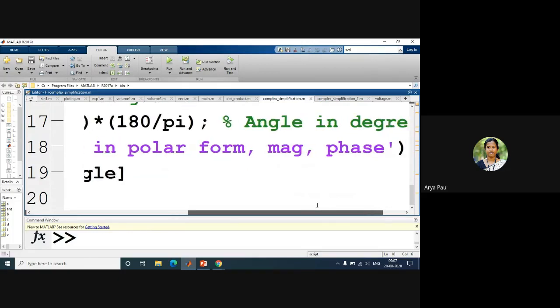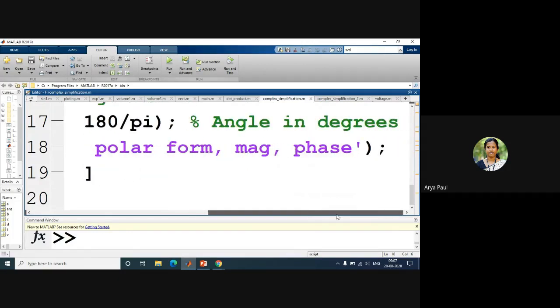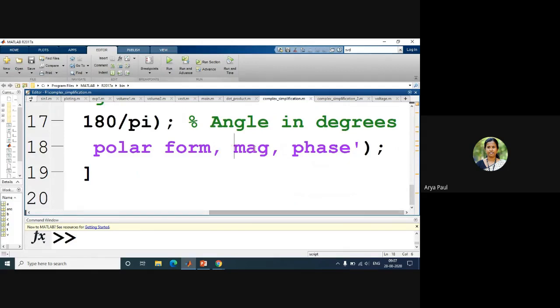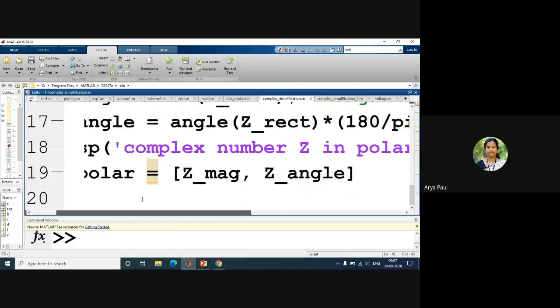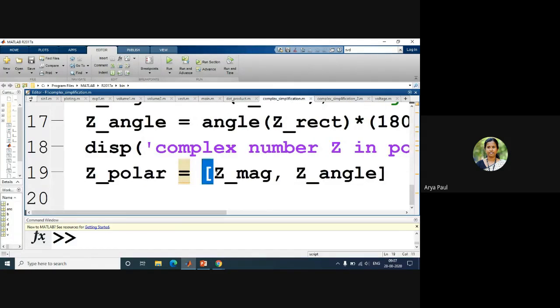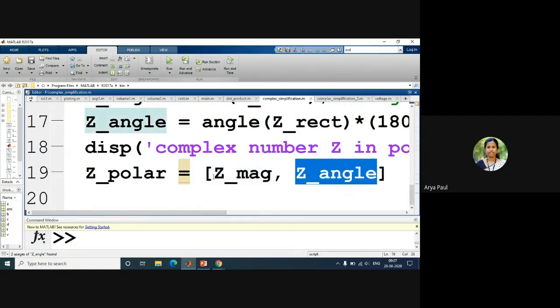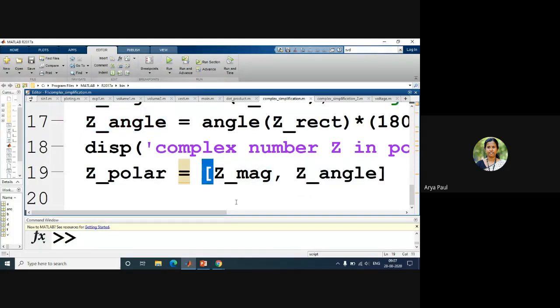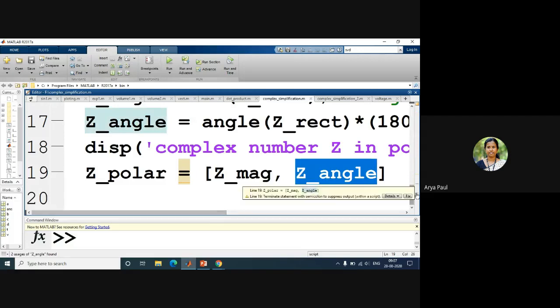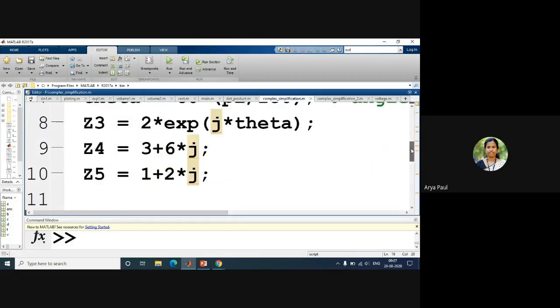To display a complex number in polar form, you need the magnitude and the angle. You type them in an array, using square brackets: the magnitude part and the angle part of the resultant complex number, which you already found using the last two statements. So this is the overall idea of a complex number.